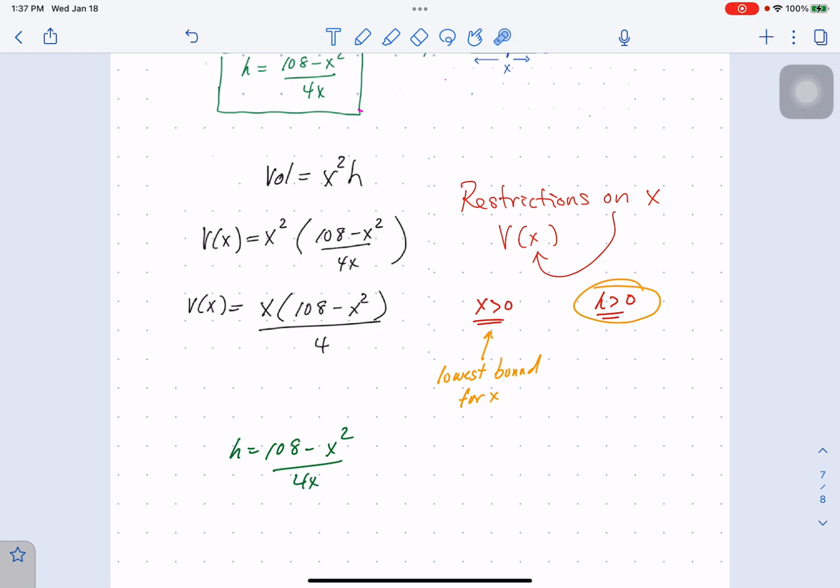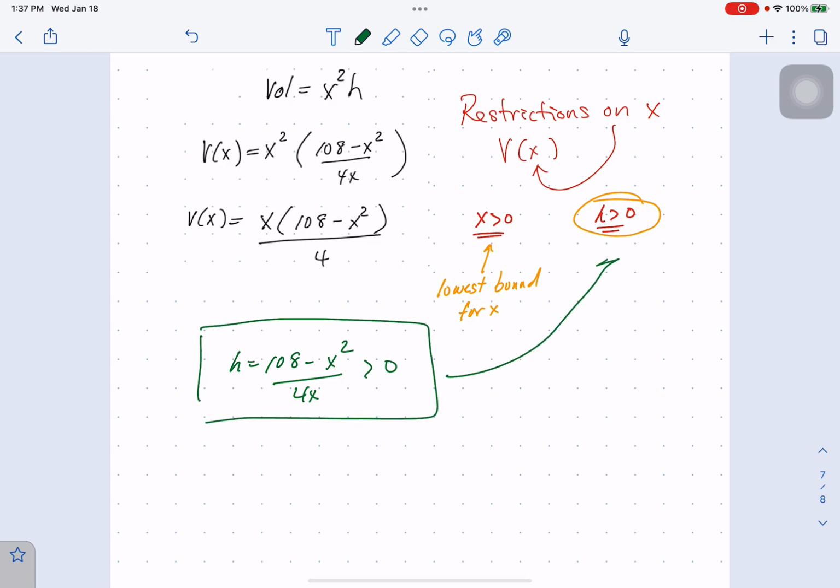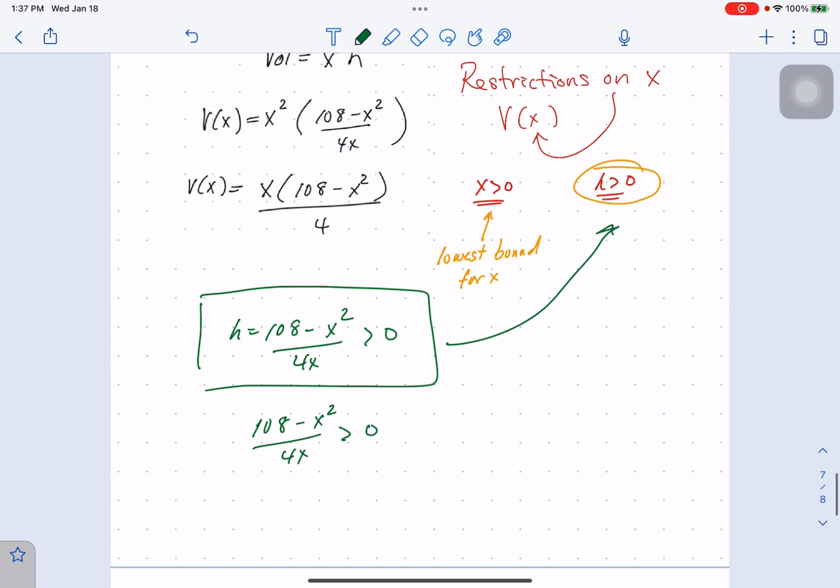And I'm going to use that in conjunction with the idea that H must be greater than 0. So that means that if that's got to be greater than 0, then this has to be greater than 0, okay? Which means that 108 minus x squared over 4x must be greater than 0.